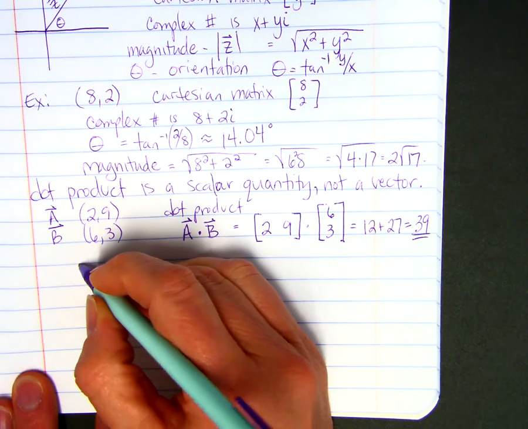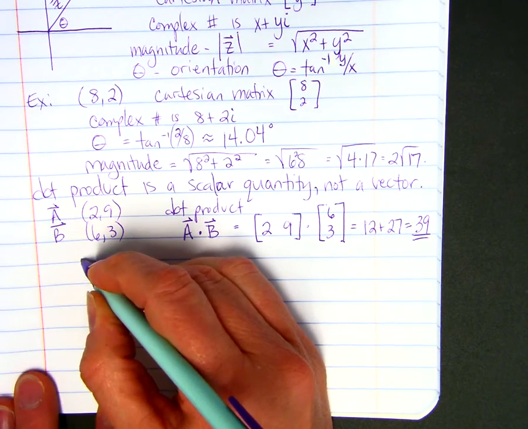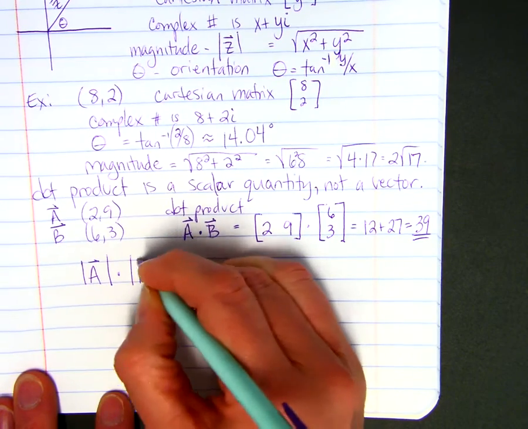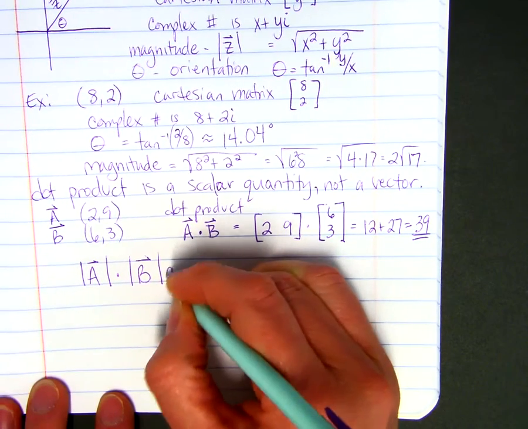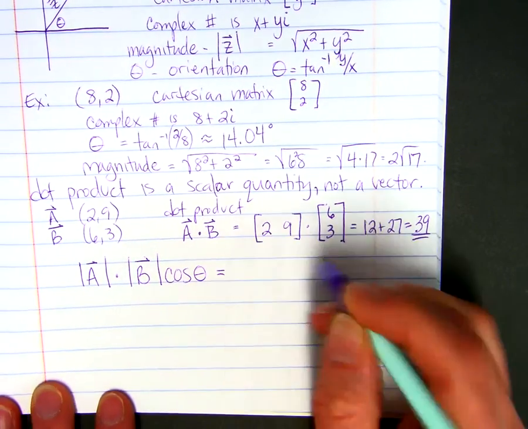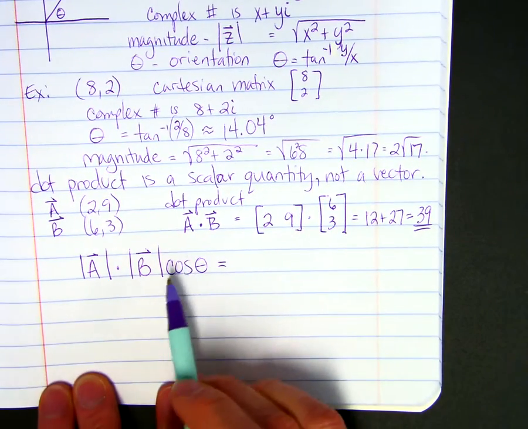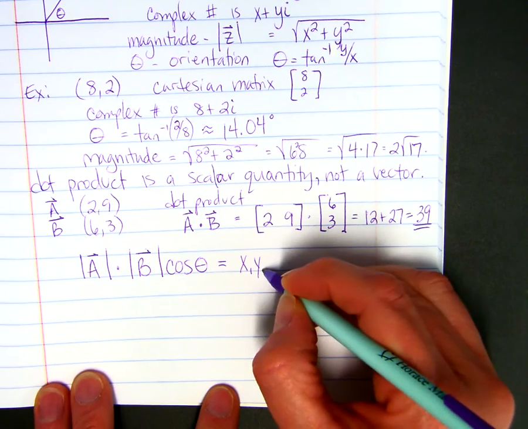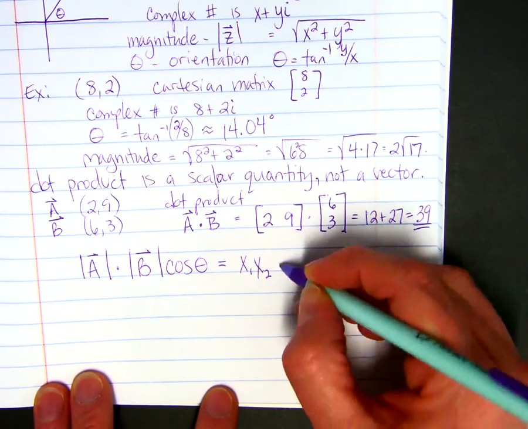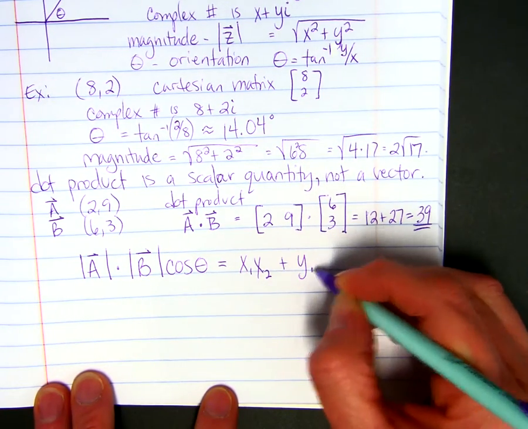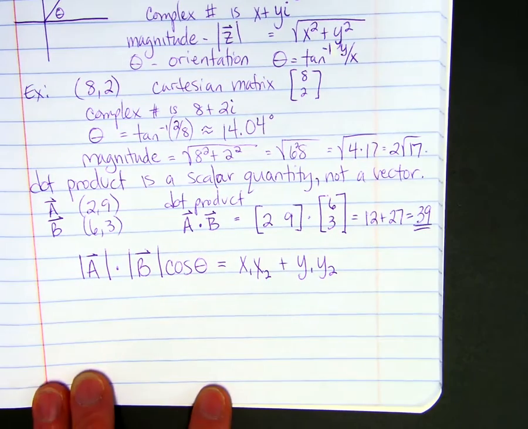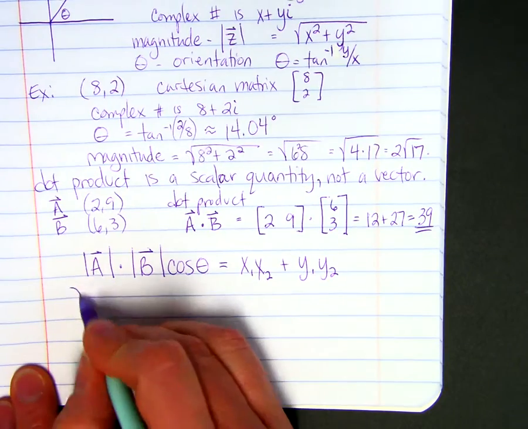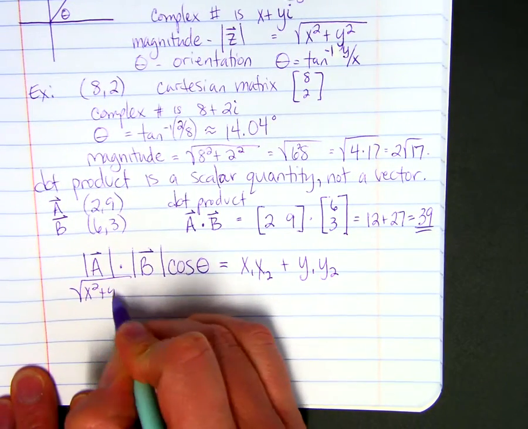Okay, so we take the magnitude of the vector times the magnitude of the other vector times the cosine of theta. That actually equals the dot product. So it equals x sub 1 times x sub 2 plus y sub 1 times y sub 2. Now the magnitude is just the square root of x squared plus y squared.